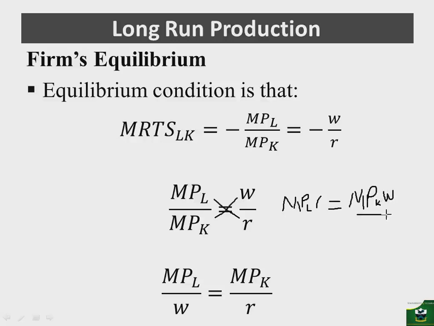So here I'll divide by wage so that the wage here disappears, meaning even here I'll divide by wage, so wage will come this side. Then next I'll divide by R so that this R disappears, and this R will come here. And you will notice that this equation is similar to what we have here.